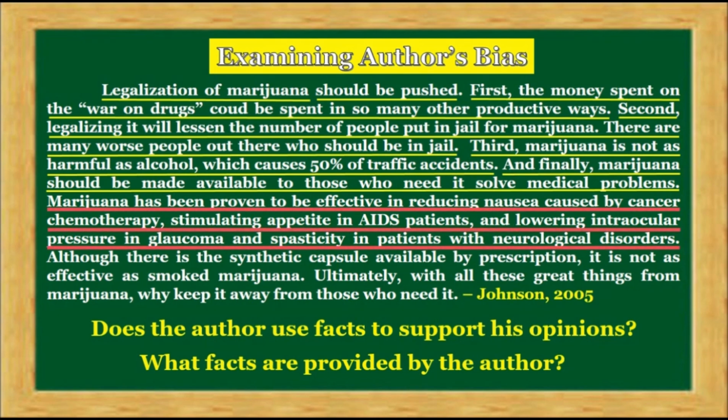First, marijuana has been proven to be effective in reducing nausea caused by cancer chemotherapy, stimulating appetite in AIDS patients, and lowering intraocular pressure in glaucoma and spasticity in patients with neurological disorders. And last, although there is the synthetic capsule available by prescription, it is not as effective as smoked marijuana.